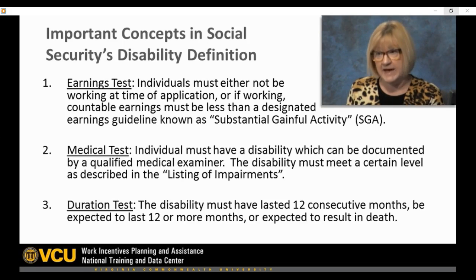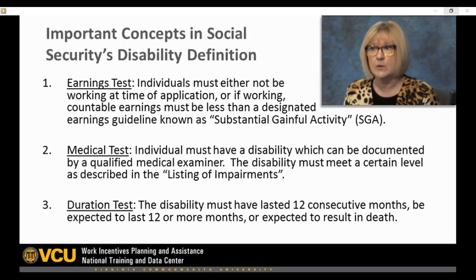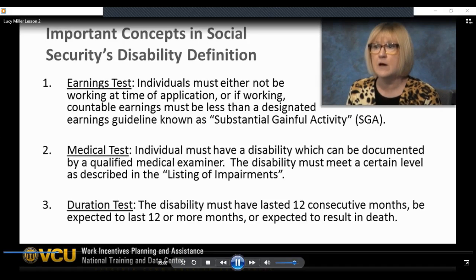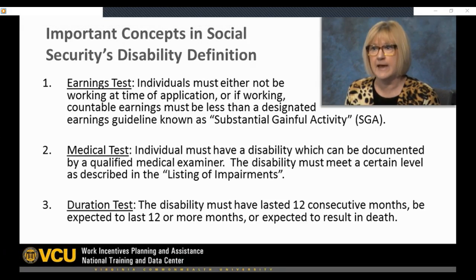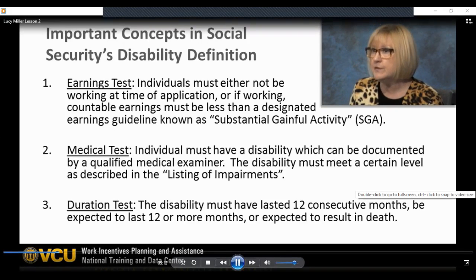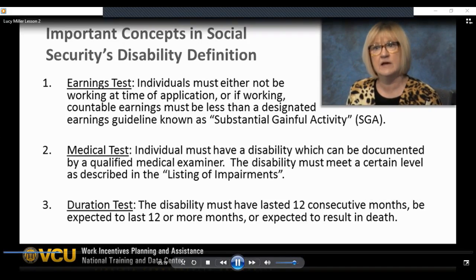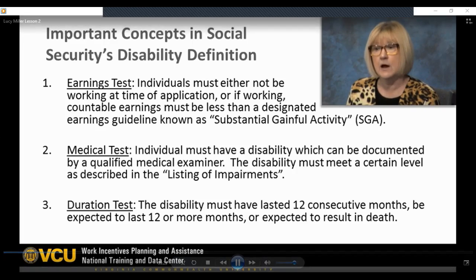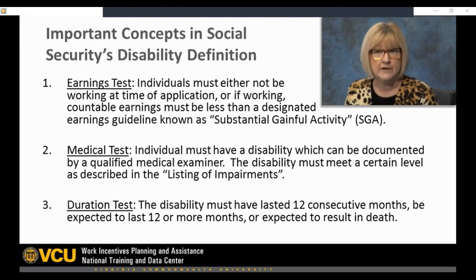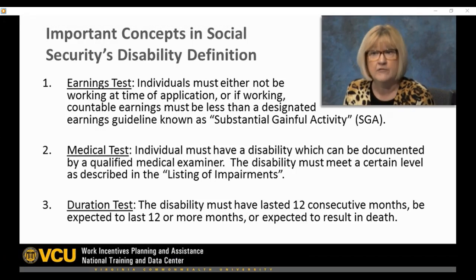There's also a medical test, and that is that an individual must have a disability which can be documented by a qualified medical examiner. Now, the disability must meet a certain level as described in the listing of impairments. If you ever want to find the listing of impairments or read it, it is public. It's available on Social Security's website, which is simply socialsecurity.gov, okay?